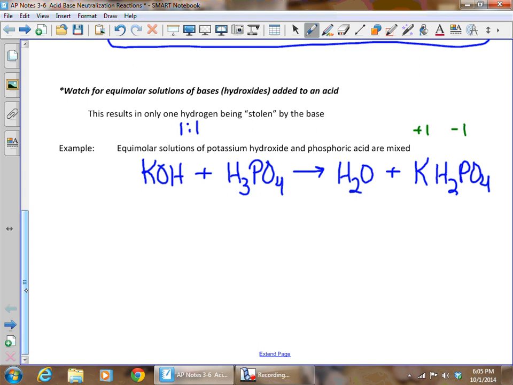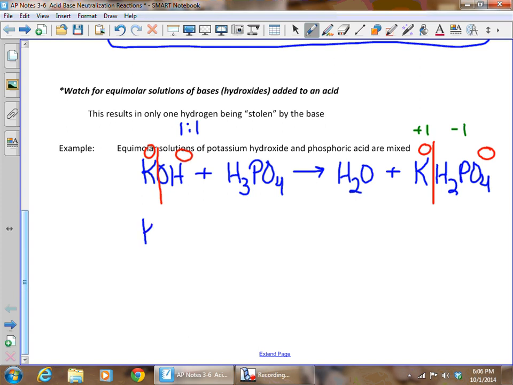So what happens now? What splits? Well, the KOH does because it's a strong base, but what about H3PO4? It does not. It's a weak acid, so it won't split. Of course, water doesn't, but our potassium compound over here with our dihydrogen phosphate will. So once again, make sure we've got our charges.